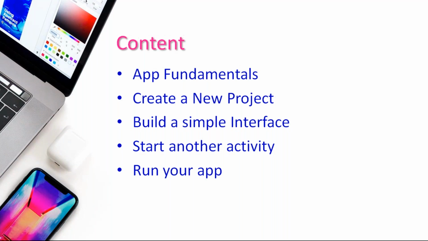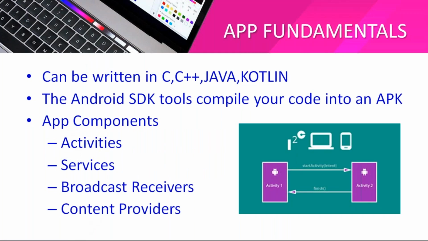So first, what is an application? Normally in Android Studio we can write an application in any language like C, C++, Java, and Kotlin, which you have already seen in previous classes. Whatever language you know, you can write it there.